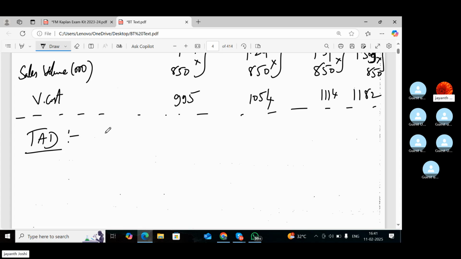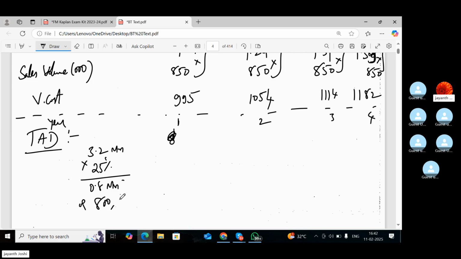Okay. So I'm going to write the tax allowable depreciation amounts for year 1, year 2, year 3, year 4. So 3.2 million into 25%, 0.8 million. 3 zeros we are omitting.